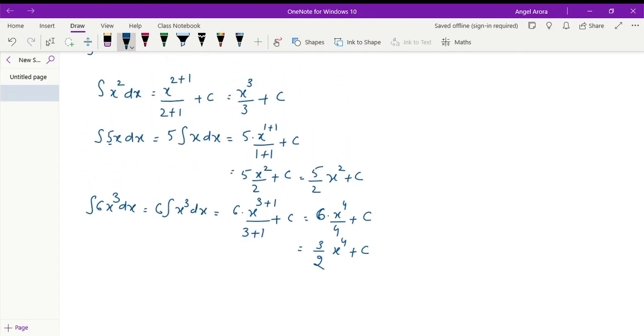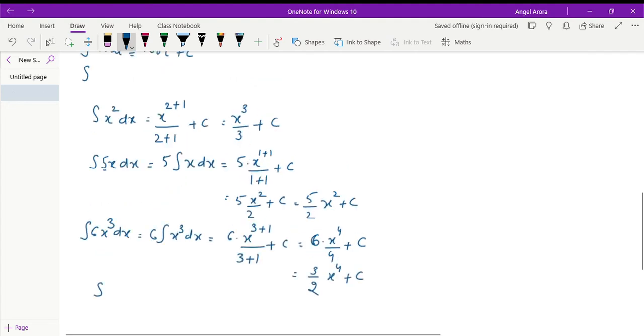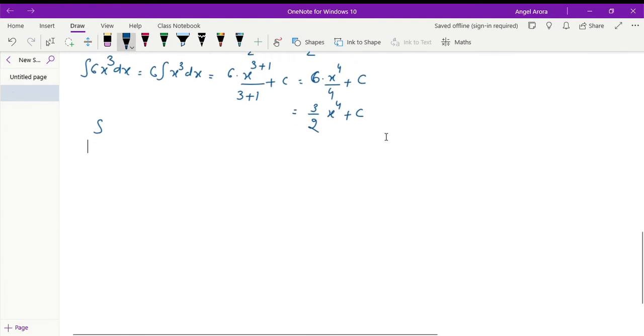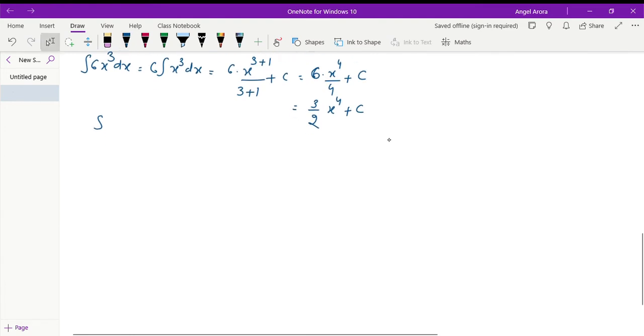Let's take another example. What will be the integral of say 1 by x dx? We know that x here is the denominator with power 1. We can also write it as integral of x raised to -1 dx.